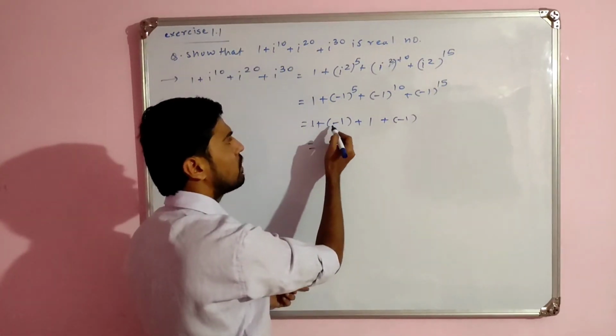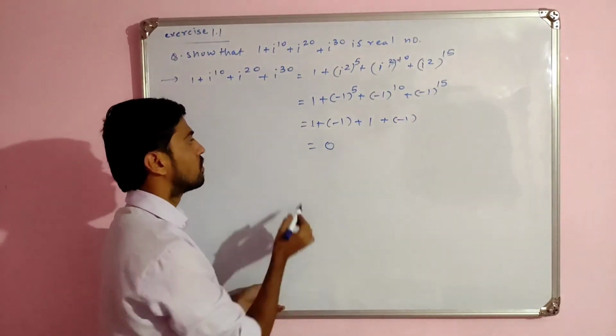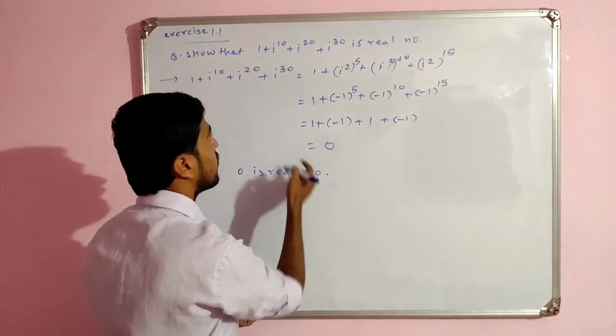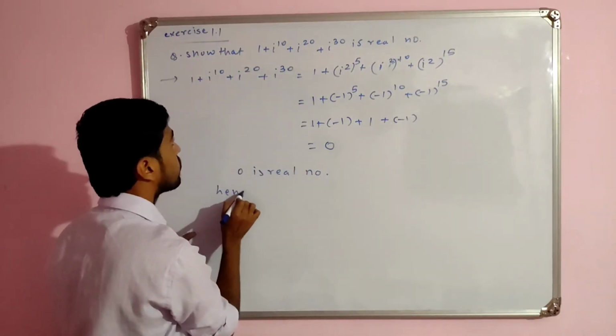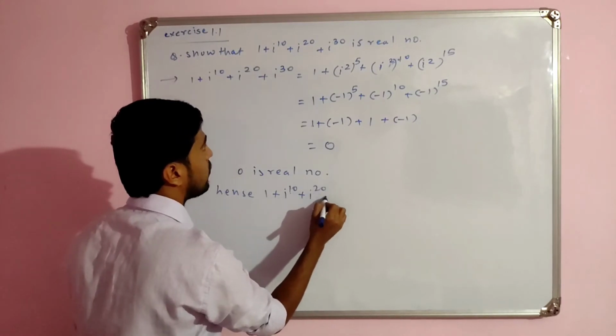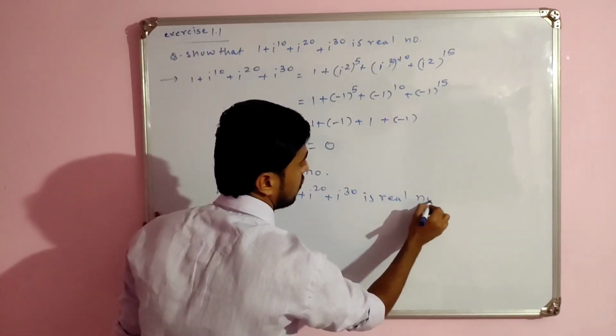So 1 + (-1) + 1 + (-1) = 0, and 0 is a real number. Hence 1 + i^10 + i^20 + i^30 is a real number.